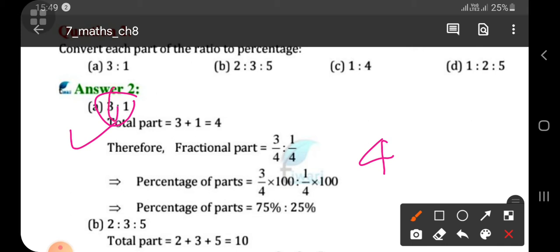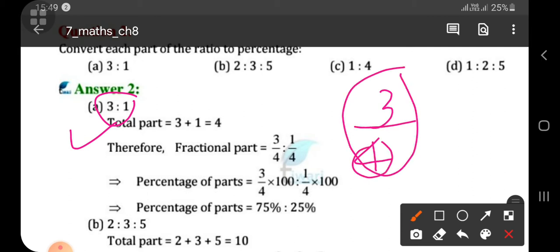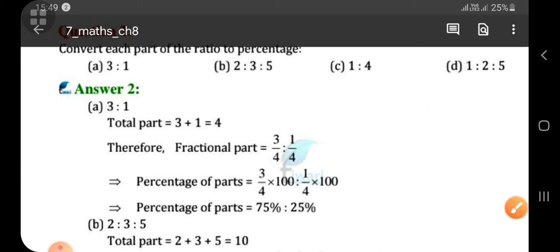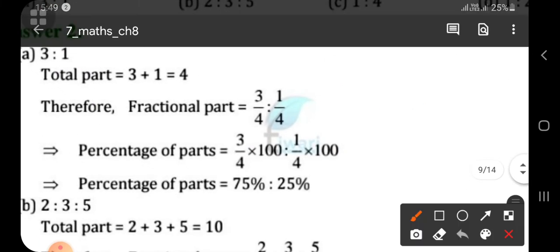The first part is 3, so 3 upon 4, that is 3 out of 4. Then the second one, 1 divided by 4, that is 1 out of 4. So we got the fractional parts here.